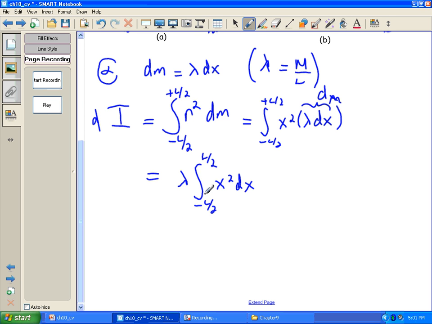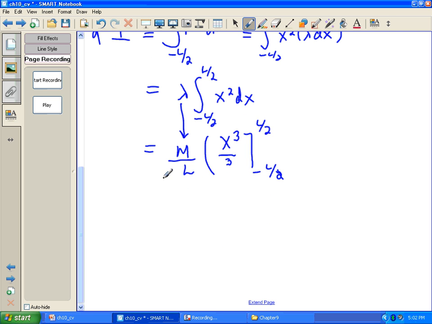One more step is to substitute the fact that lambda is equal to m over L and perform the integration. The integral of x squared dx is x cubed over 3, from minus L over 2 to positive L over 2. So let's see.